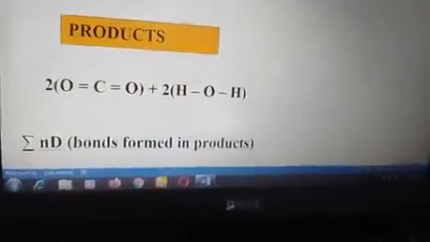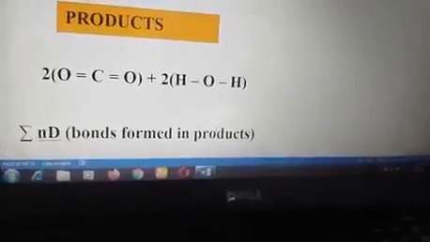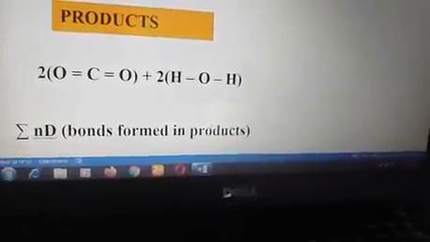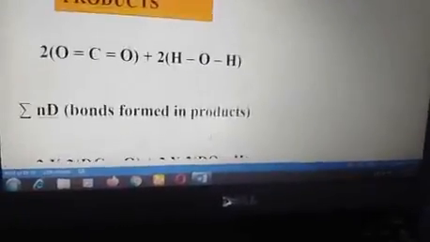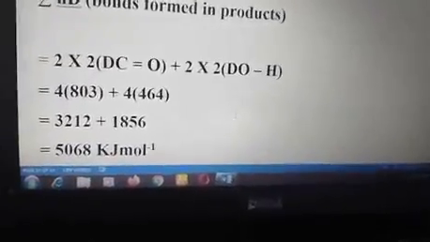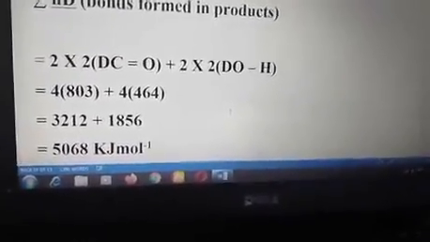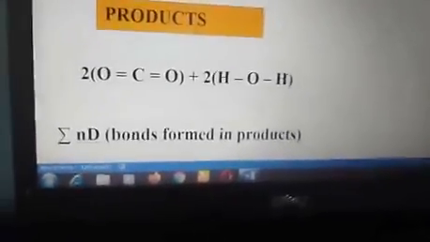Going to the products. In the products, we have the bonds there. We have 2 molecules of carbon dioxide plus 2 molecules of water. So we want to find the total bond energy of the products. For the products, they gave us in the data the bond energy of carbon to oxygen double bond. Why do we have 2 times 2? They gave us carbon to oxygen double bond.